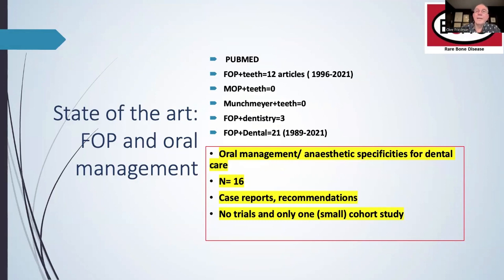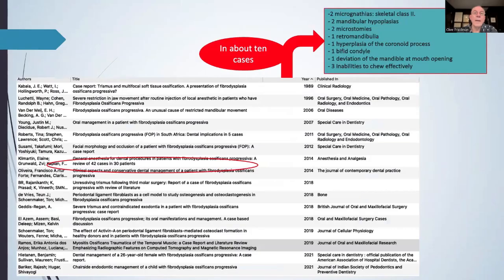Just to get the, because I know medical individuals and dental individuals really like evidence and papers on these topics. There have been a number of reports in dentistry and in medicine with respect to oral health, and most of them are case reports. There's only really been one paper that looked at about 42 cases that was done by Dr. Kaplan and his team.